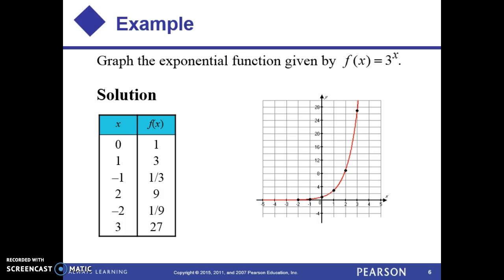This is an example of the graph f of x equals 3 to the x, and they're going to show you how it changes as that exponent changes. What happens to the graph? It's no different than any of our other functions where we had something like 3x plus 2. This time our x is the exponent. That's what makes it an exponential function.